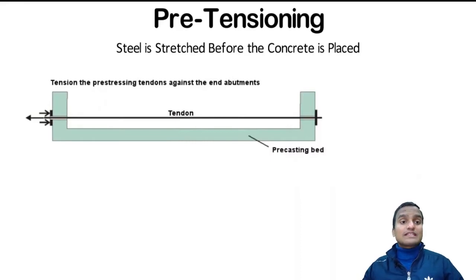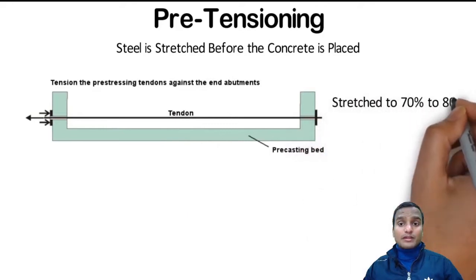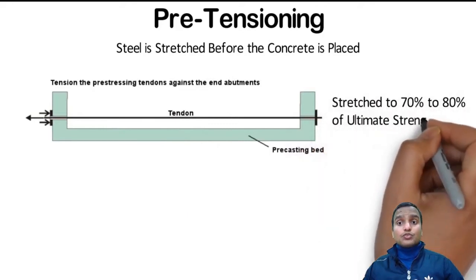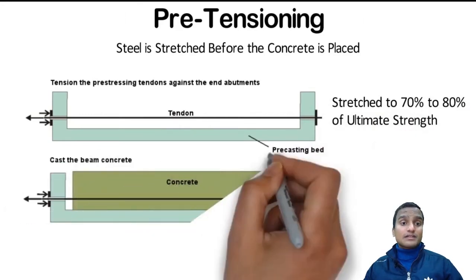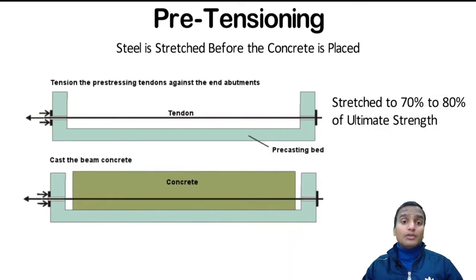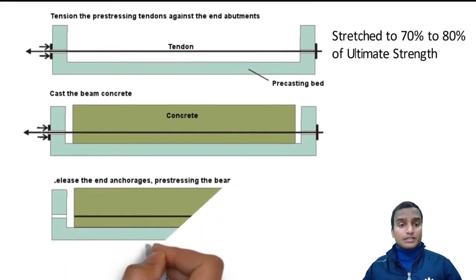Here you can see in the diagram the tendon is shown and it is stretched from the left side. On this precasting bed we stretch up to 70 to 80% of the ultimate strength of the tendon, and then we pour concrete on it. We cast the beam concrete, and we allow it to cure for 28 days.